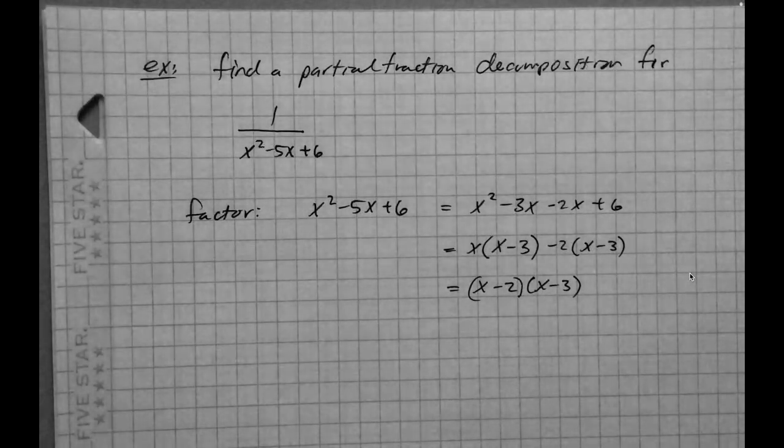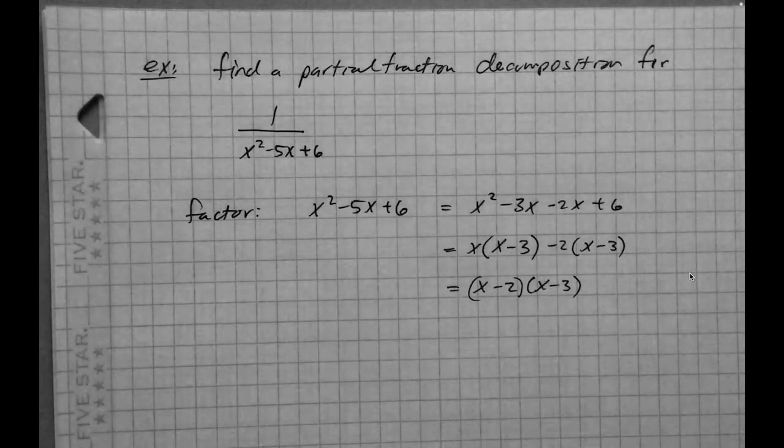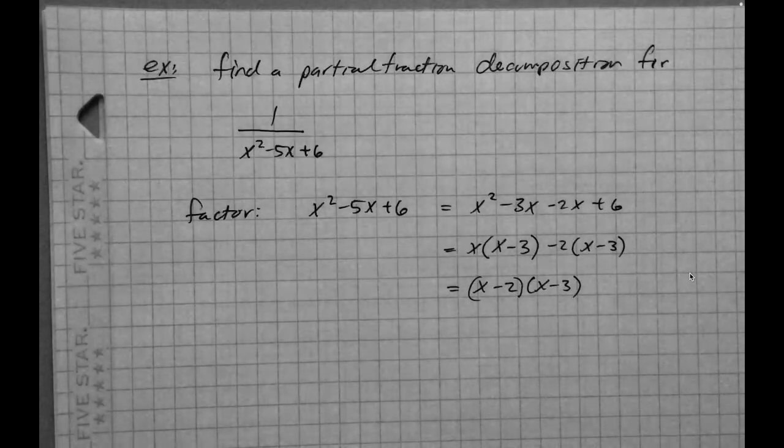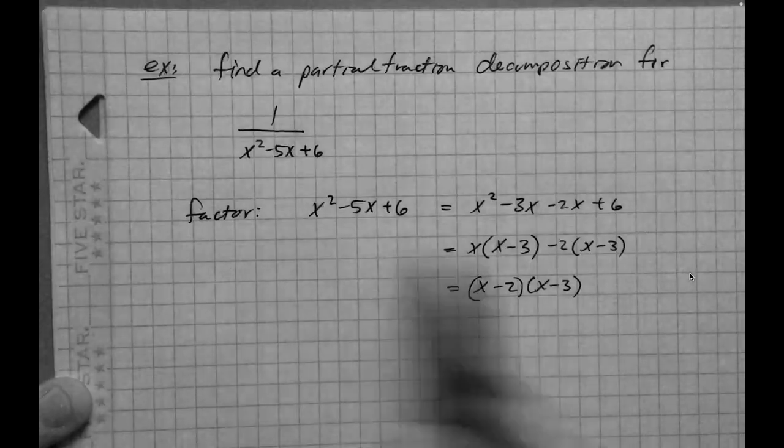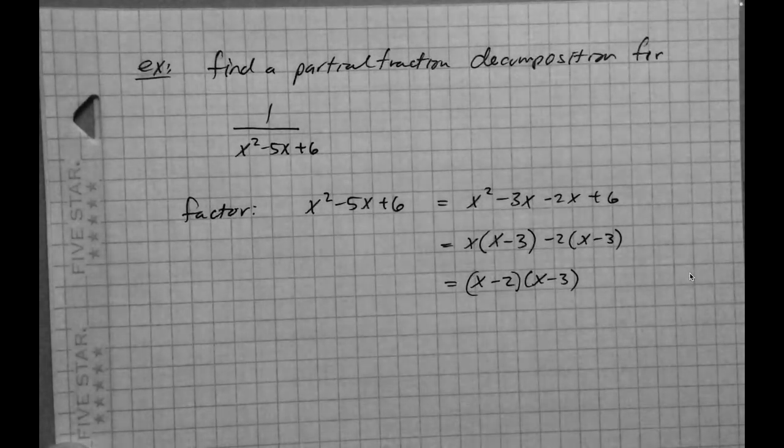So this thing factors 100% down into just these 2 linear factors. This is the cleanest possible scenario. Well, the cleanest would be a single linear factor, but that wouldn't require a partial fraction decomposition.